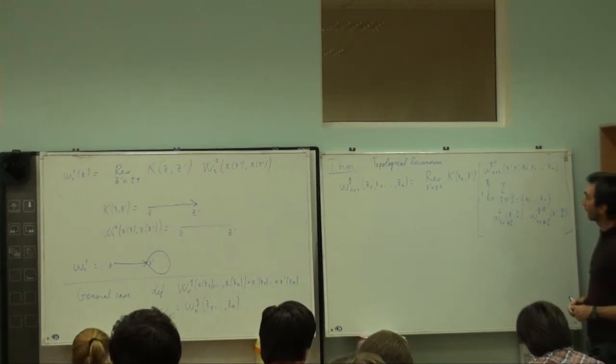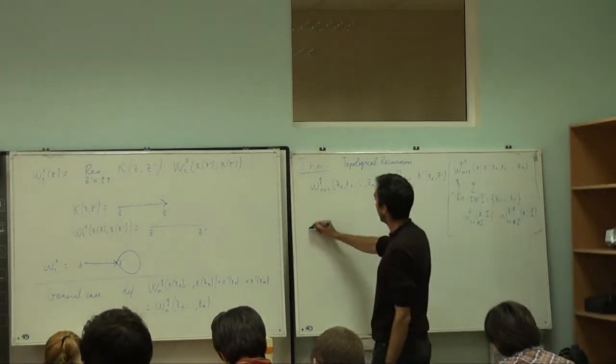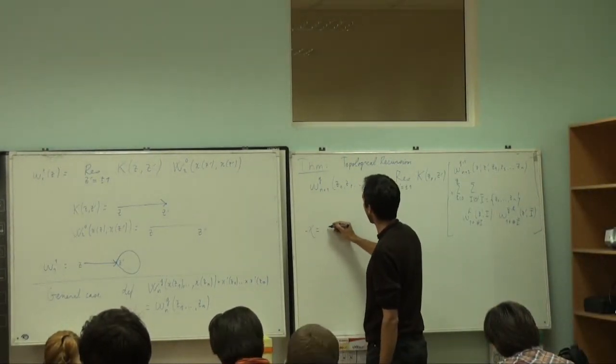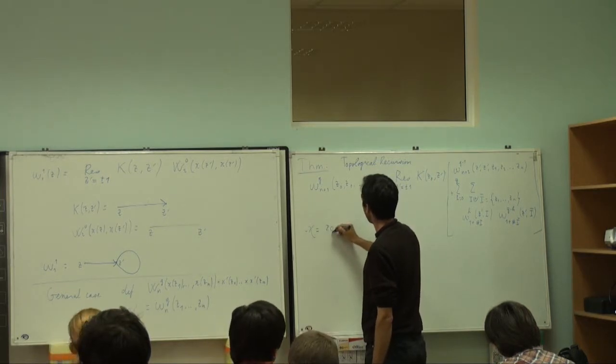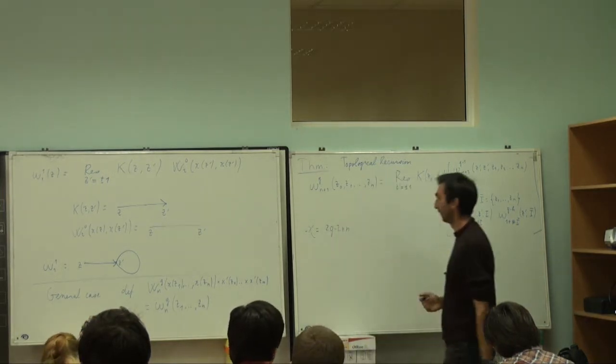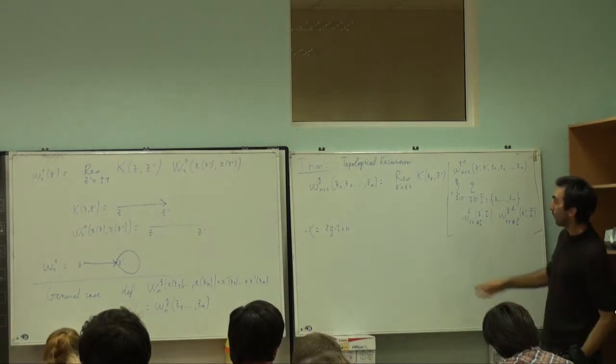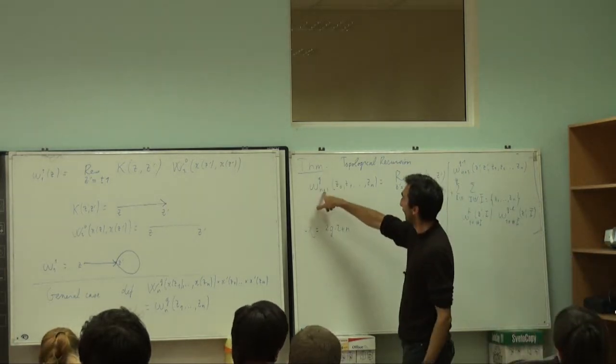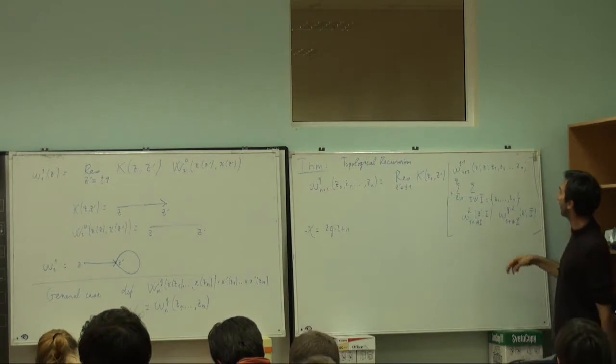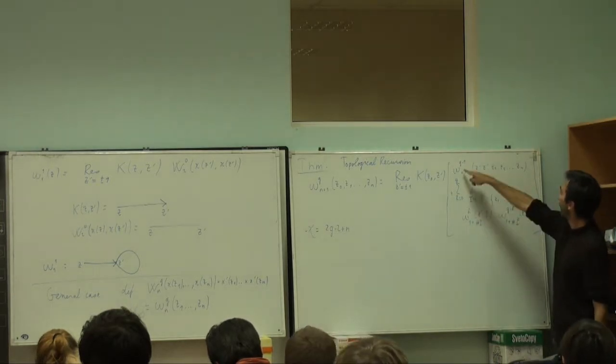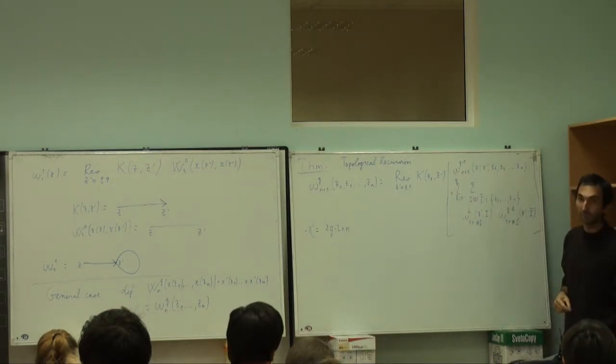You can check that, if you write minus chi equals 2g minus 2 plus n, the value of chi which appears in the left-hand side is strictly larger than all the values of chi which appear here, there, or there.